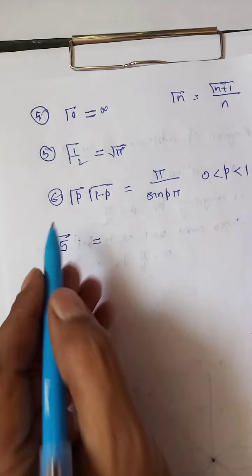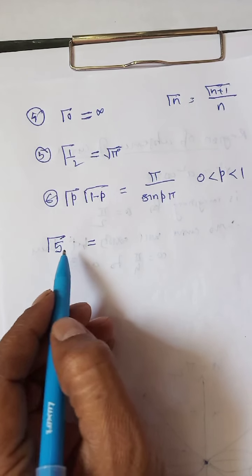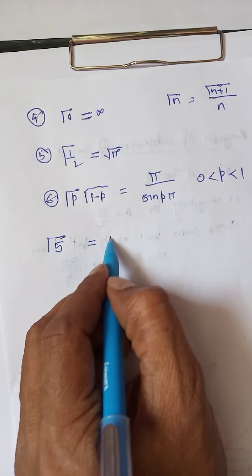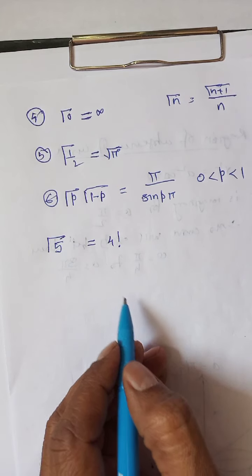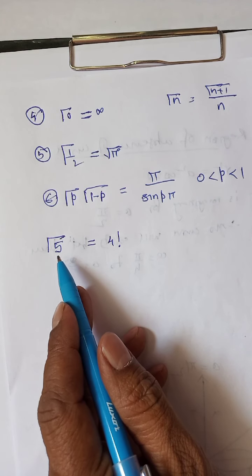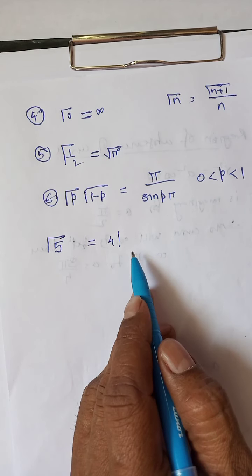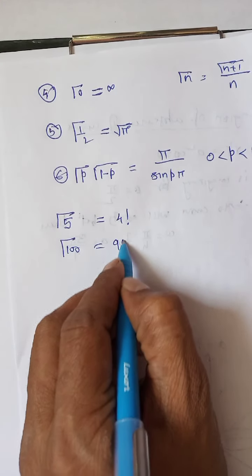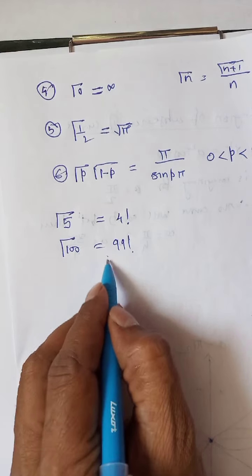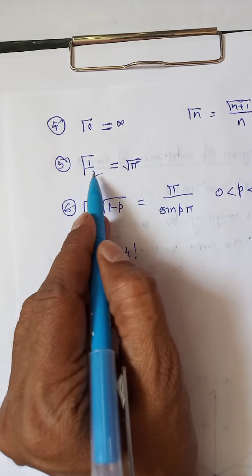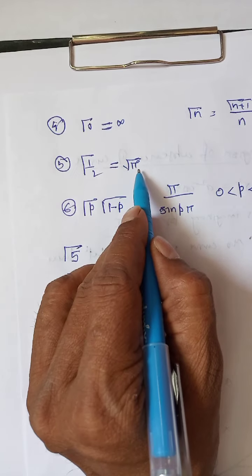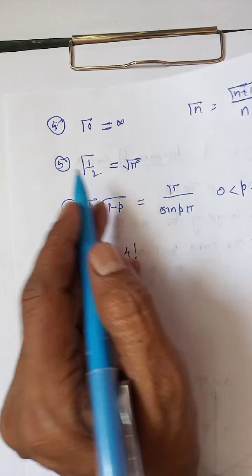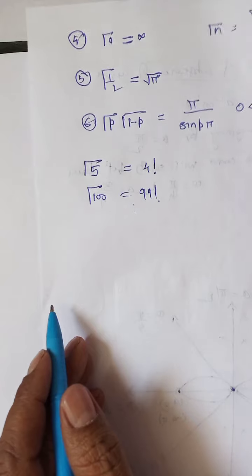So for gamma 5, 5 is a positive integer, so it is 4 factorial. Gamma 5 can be written as gamma of 4 plus 1, so it is 4 factorial, like gamma 100 is 99 factorial, and so on.